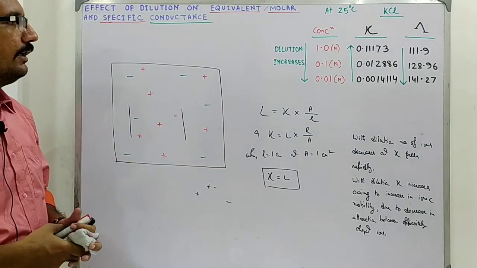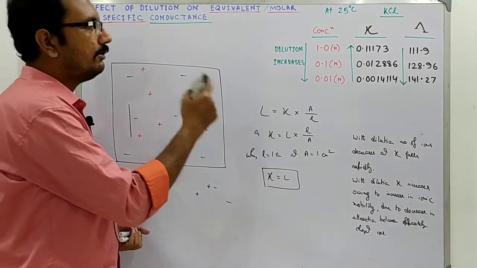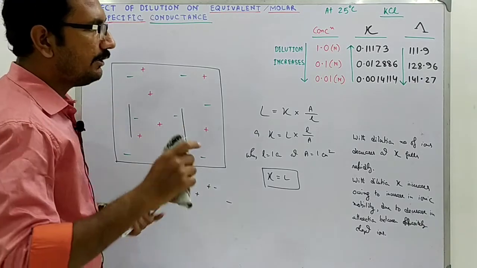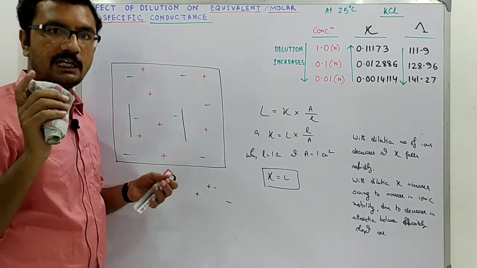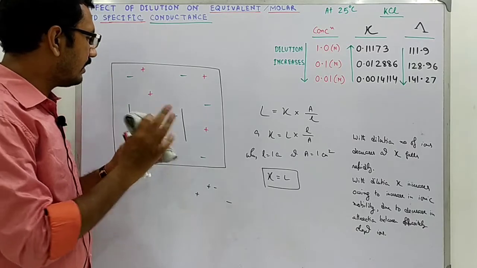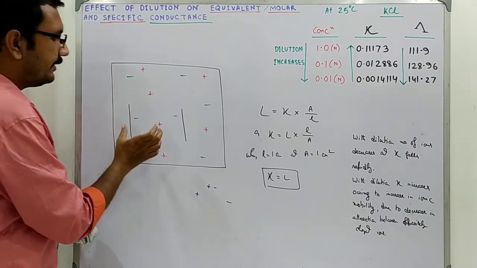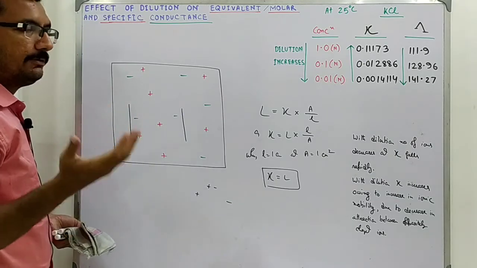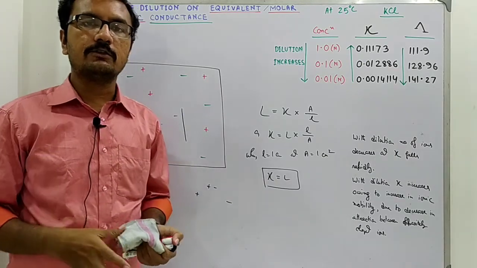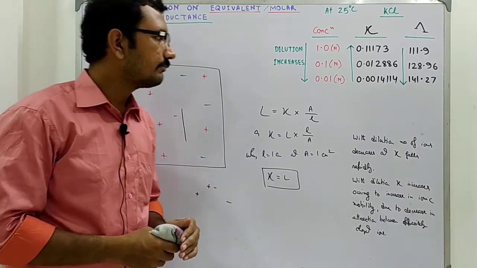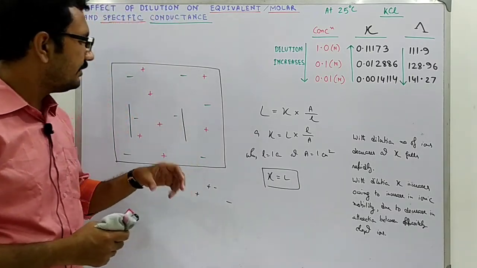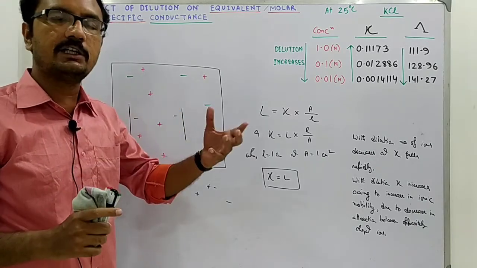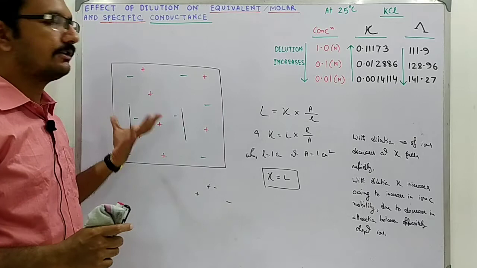Okay. Now, what will be the case for equivalent conductance? Now, when you are dealing with equivalent conductance, you guarantee that there is 1 gram equivalent of ions between the two electrodes. So, that is the definition. Equivalent conductance is the conductance of an electrolytic solution containing 1 gram equivalent of dissolved electrolyte between the electrodes, such that the entire solution is placed within the two electrodes.